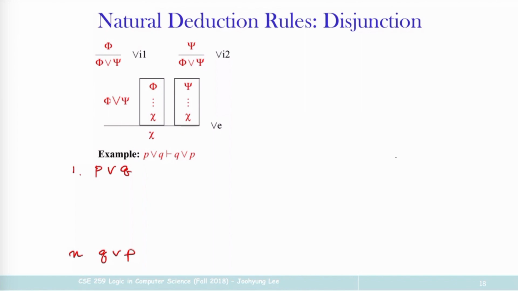So this is the rule that we are going to use, and I'm going to give a hint. P is phi, and Q is psi. And this X symbol, I don't know how to pronounce, that is Q or P. So, what do we need to establish between line 1 and N?